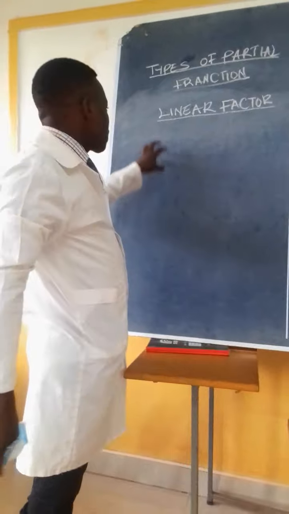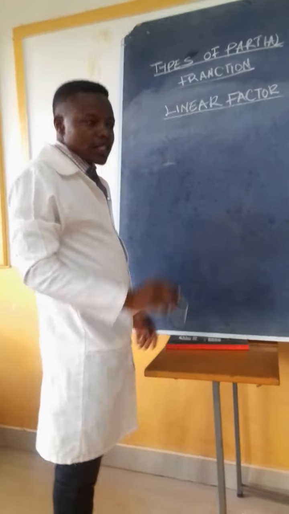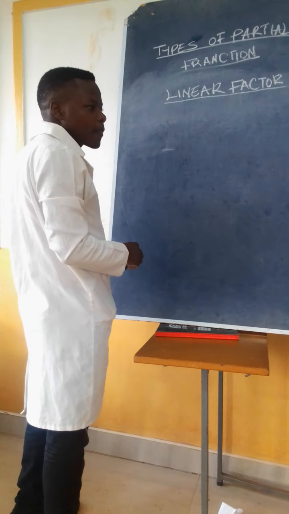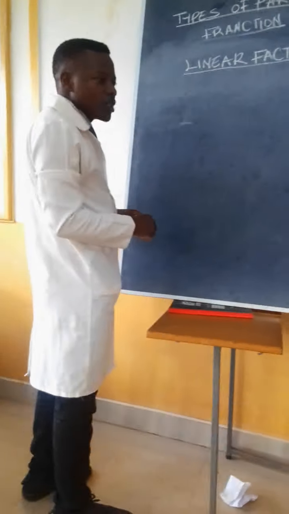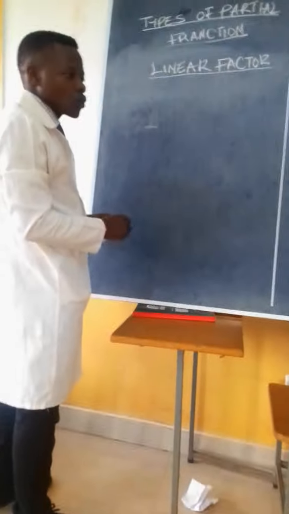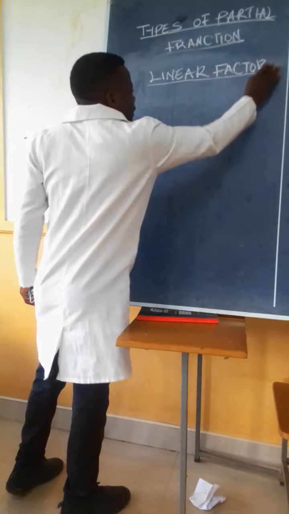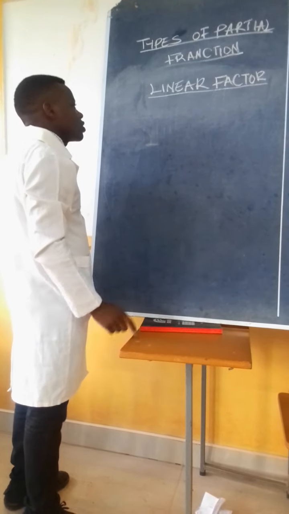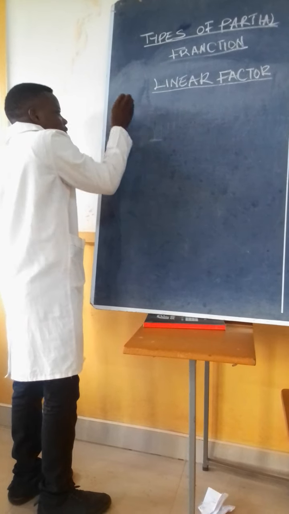A linear factor is a type of partial fraction in an expression where the denominator has just one factor or two. A very good example of a linear factor partial fraction is a question that can come like this. Equation 1.